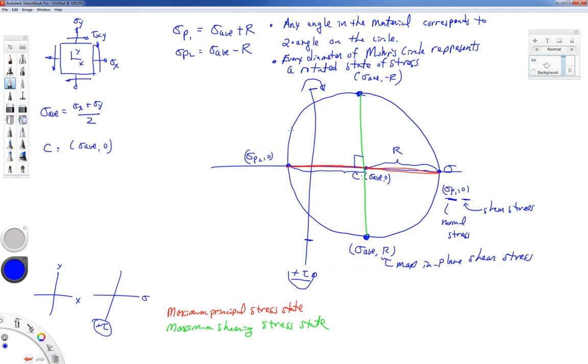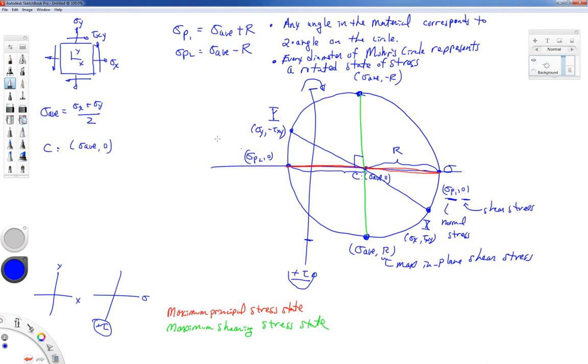Let's suppose that my original stress state was represented by this diameter. Now I'm going to call this point over here on the right my X point. I'm going to call this one my Y point. And just like my coordinate pair normal and shearing stress, this point has the coordinates sigma x, comma, tau xy, and this point will have the coordinates sigma y, but I need to put a negative sign in here, minus tau xy.